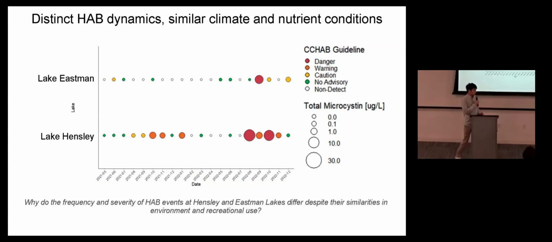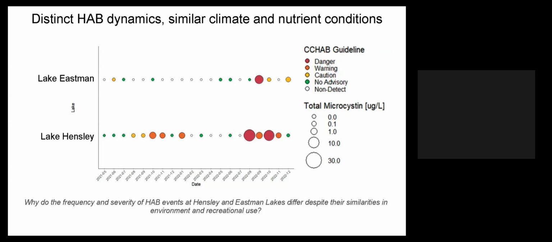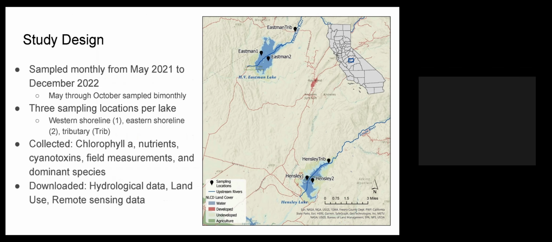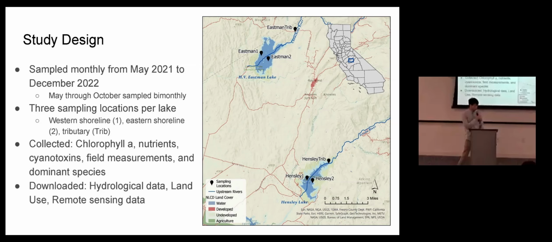Providing some more context on how we conducted this study: samples were collected monthly from May 2021 to December 2022, with bi-monthly sampling occurring between May and October for both lakes. Both lakes had 3 sampling sites: one on the western shore, one on the eastern shore, and tributary inputs from the Fresno River into Lake Hensley and the Chowchilla River into Lake Eastman.